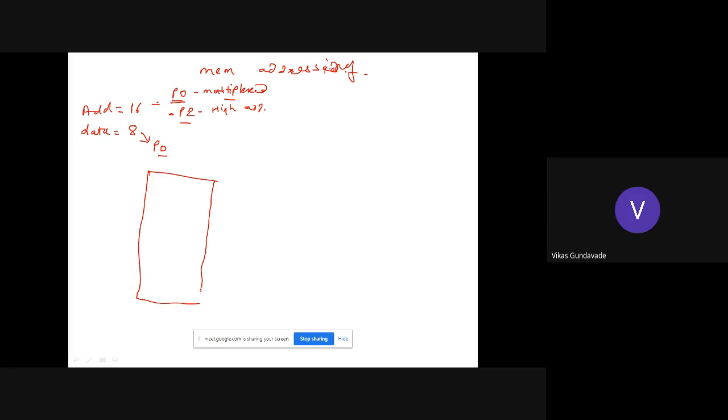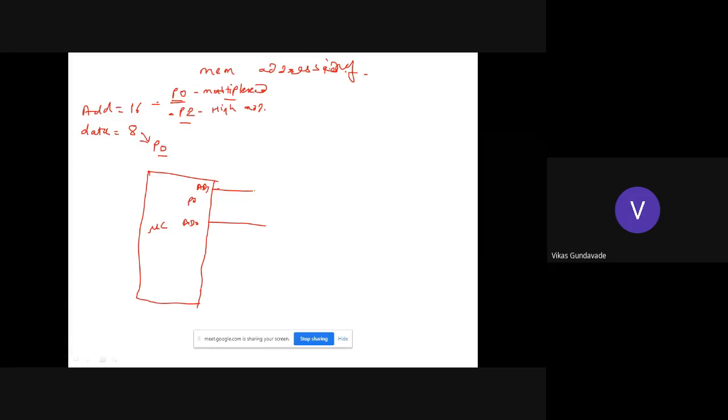Sorry, not memory, it is the microcontroller. In this microcontroller, we have multiplexed address data lines at port 0, and these are AD0 to AD7.